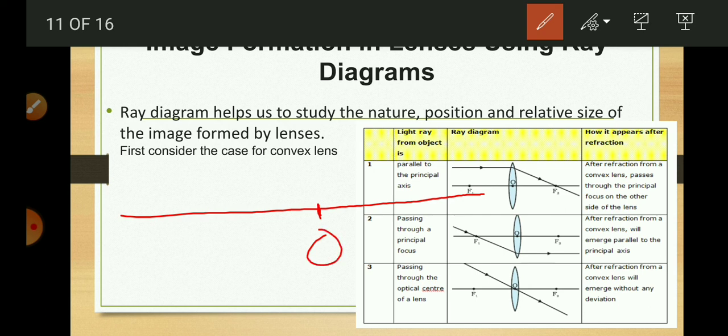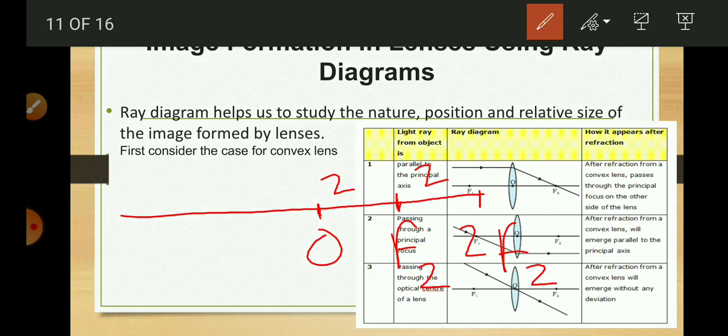Then mark 2 points on the right of the optical center, that is point F2 and 2F2. The distance between these 2 points should be the same. For example, I have taken here 2 cm and this one should be 2 cm.